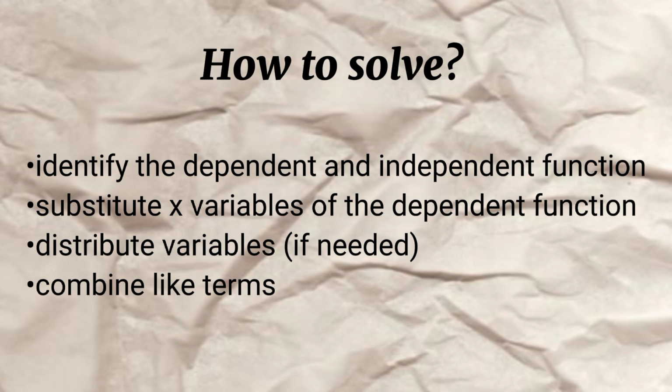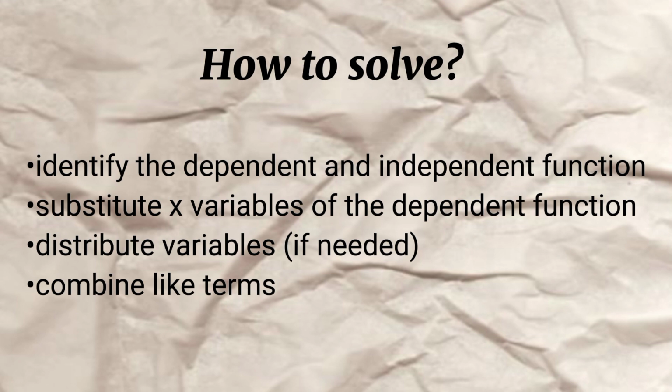This distribution can be done in two ways, through an exponent and a number. Distribution involving only numbers is done by multiplying all variables of the substituted x variable, while distribution involving an exponent is applying the exponent to all the variables in the substituted x variable.